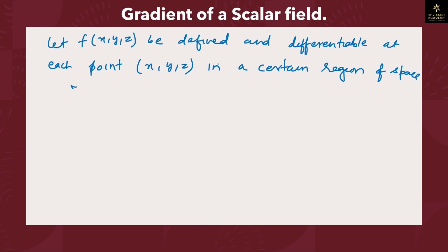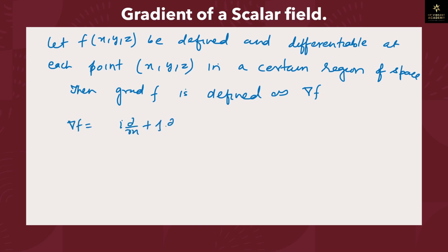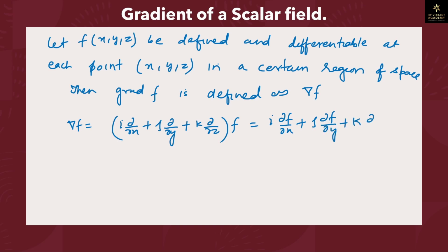Then the gradient of f is defined as del of f, which is equal to i del upon del x plus j del upon del y plus k del upon del z operating on the function f. So this is equal to i del f upon del x plus j del f upon del y plus k del f upon del z.